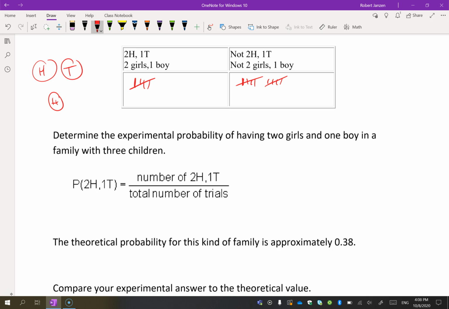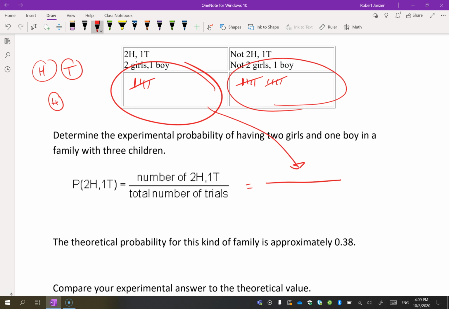And once you've done that, you can unpause the video and then come back to this. Okay, so experimental probability, whatever you had here, that's the number that goes on the top. Whatever you had here, plus, if you add these two, this is going to be 50.